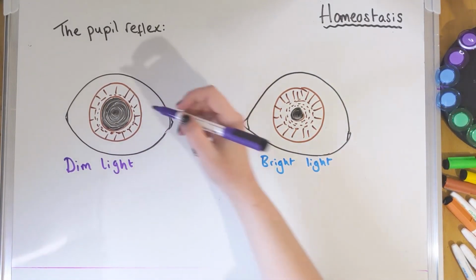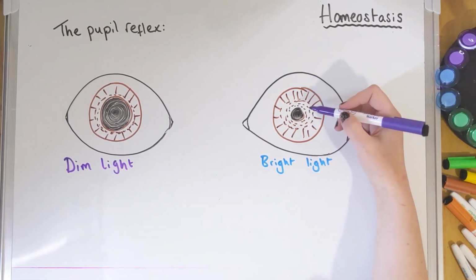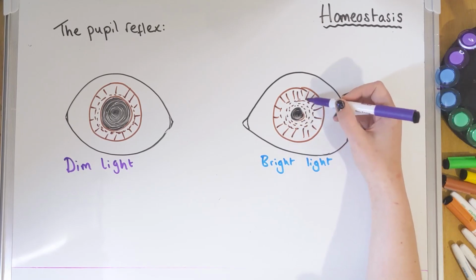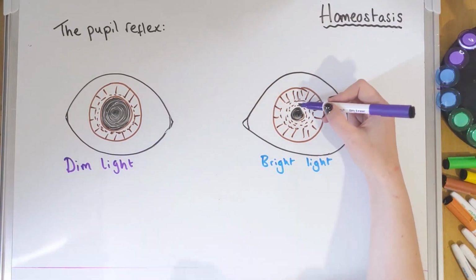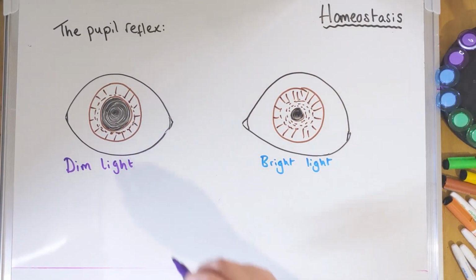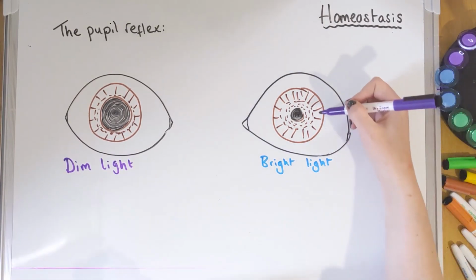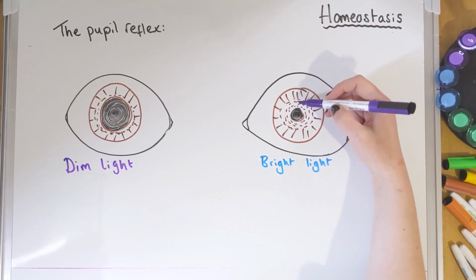You have circular muscles, which go around the inside area of your iris. So you see them better on this one. And you have radial muscles as well. Think about radius as the outside of a circle, so that's the outer muscles. They are horizontal, and the circular muscles are circular.